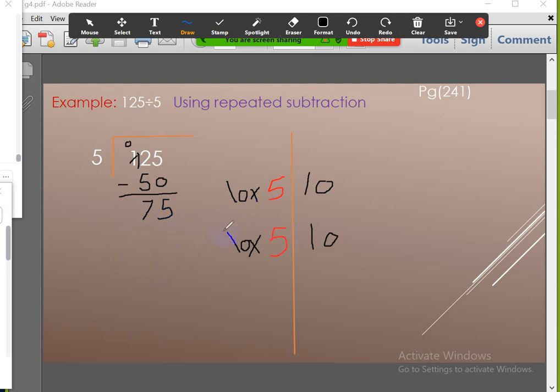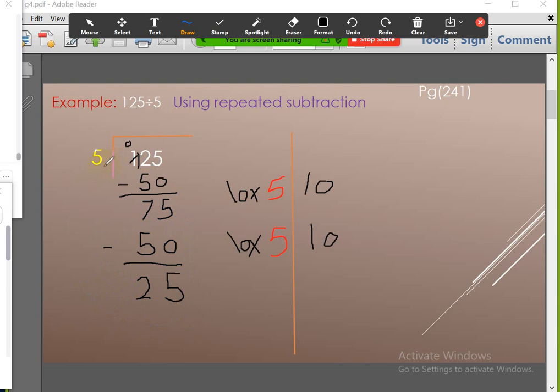Now 5 multiplied with another 10 equals what? Also equals 50. So I will put the 50 down here, and then I will subtract between 75 and 50. 5 minus 0 equals 5. 7 minus 5 equals 2. Still, I have 25.